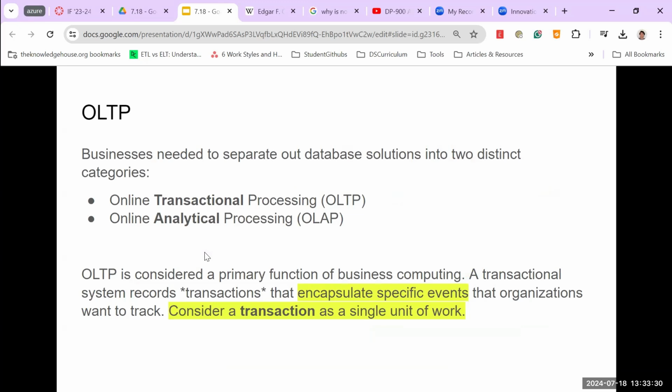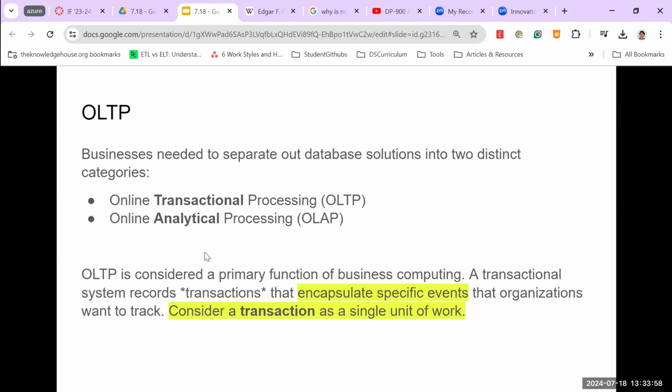We want to record transactions, and I don't mean transactions in the financial sense where we send money from one place to another. Rather, we're talking about specific events on the database, right? Has a new user signed up? Has this user purchased something? Has this user deleted their account? Well, all of those actions, they really should be efficiently handled using OLTP databases.